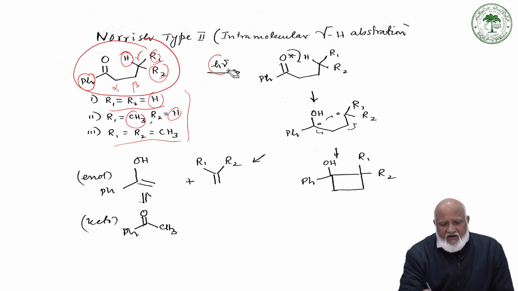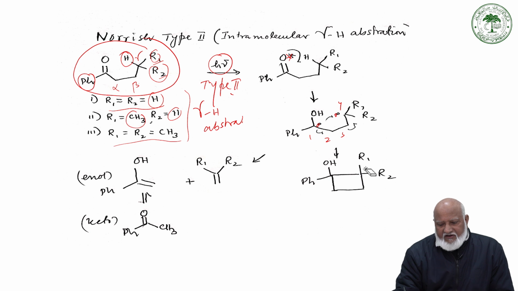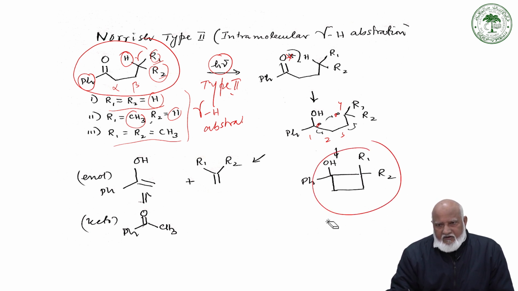So when we shine light, it undergoes type 2 reaction, that is, gamma hydrogen abstraction, to give an excited carbonyl. This excited carbonyl abstracts the gamma hydrogen to generate a 1,4 diradical, and then it gives cyclobutanol as one of the products in this type 2 reaction.